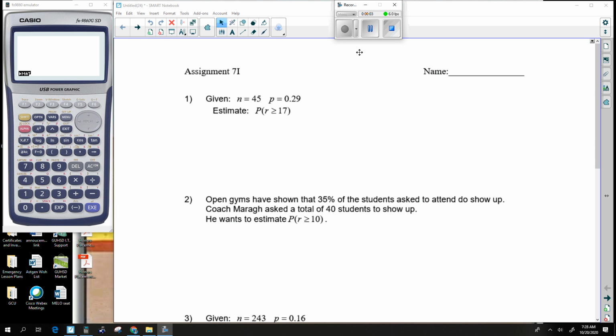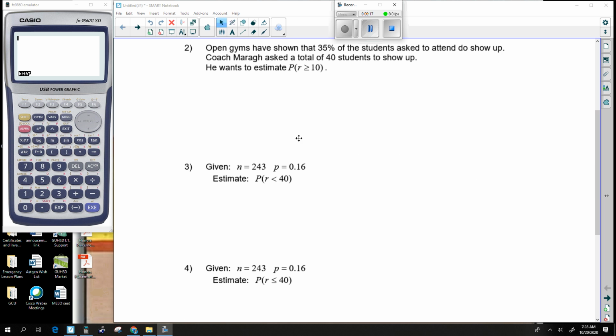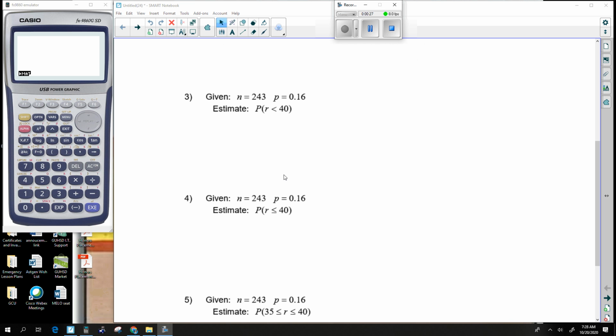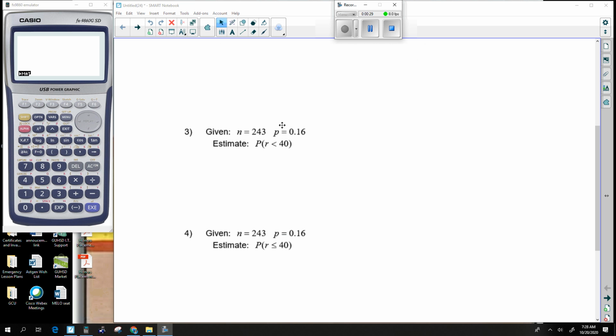All right, boys and girls, what we have here today in assignment 7I is the last chunk in unit 7. And this one is a little bit more difficult to understand. Looking at this, we are not given an average and a standard deviation like we usually are, but rather we have this n and this p.